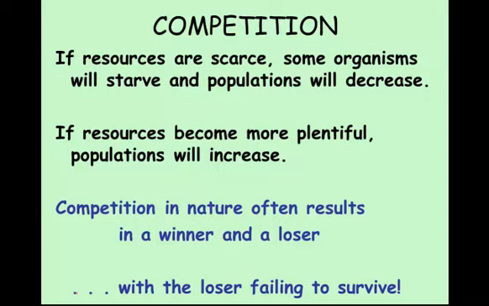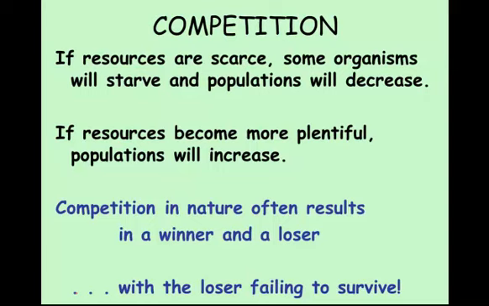And when resources are more plentiful, lots of food for everybody, everybody gets what they need, population numbers are going to increase. And if you think about ecosystems, they kind of fluctuate. They don't stay the same numbers all the time. The population numbers go up and down. And when we're competing in nature and you have winners and losers, oftentimes the loser is going to die. It's not going to survive if they don't get the things that they need.